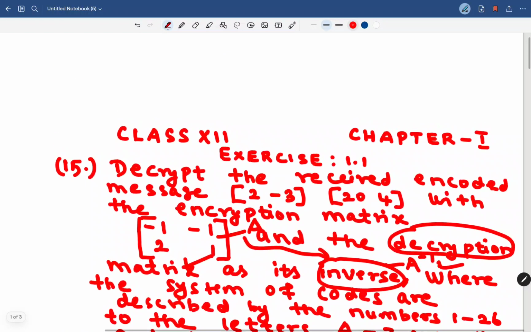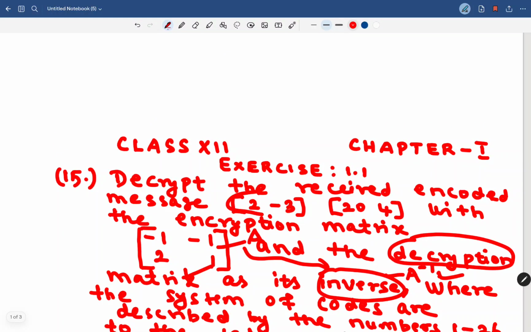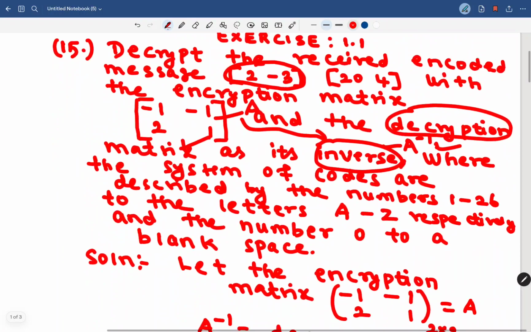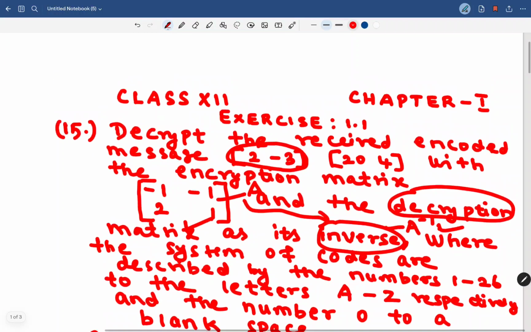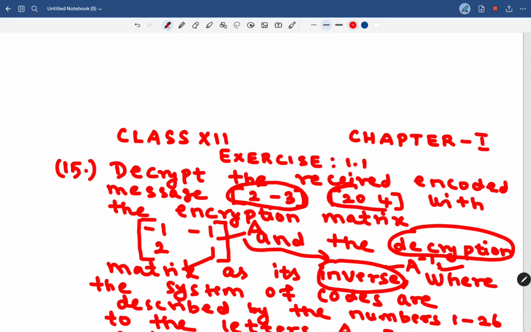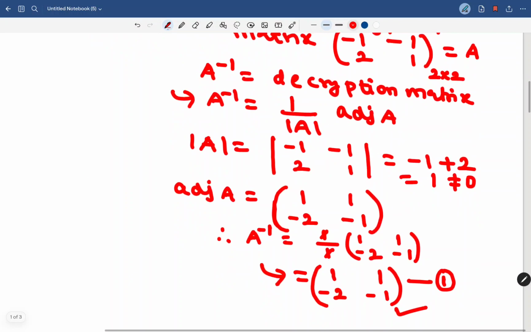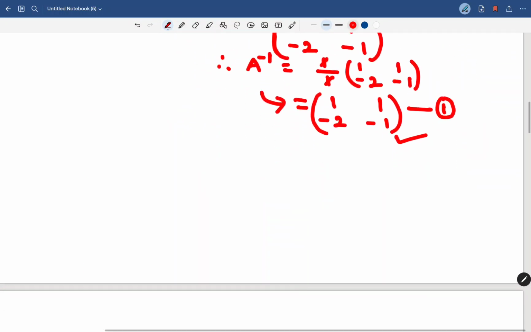I am going to multiply 2, minus 3 with this A inverse, and also multiply 24 with this matrix A inverse.